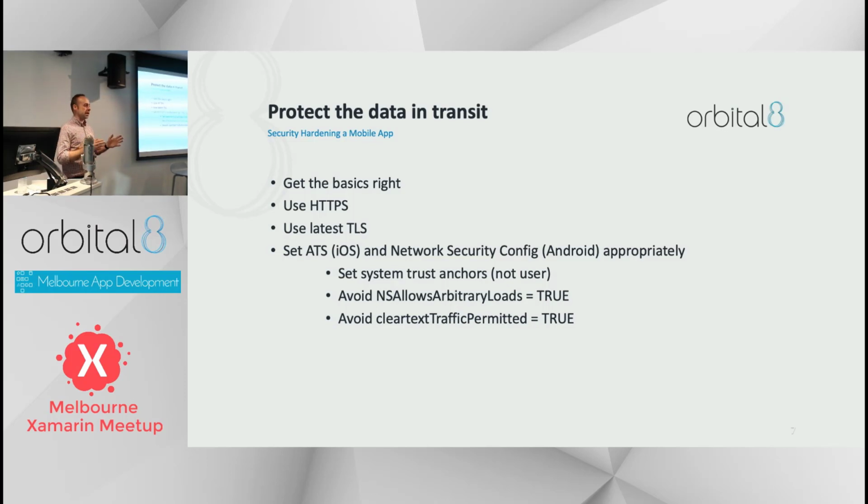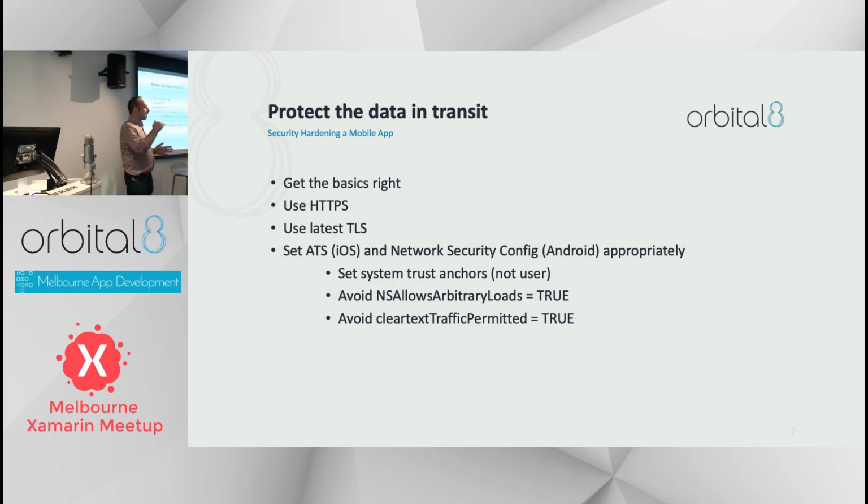And then all of a sudden, the system will start trusting that. So if I was a nefarious hacker, I just need to get my certificate installed on people's phones in that user trust anchor, and then all of a sudden I can start launching attacks on the phones that have that installed.